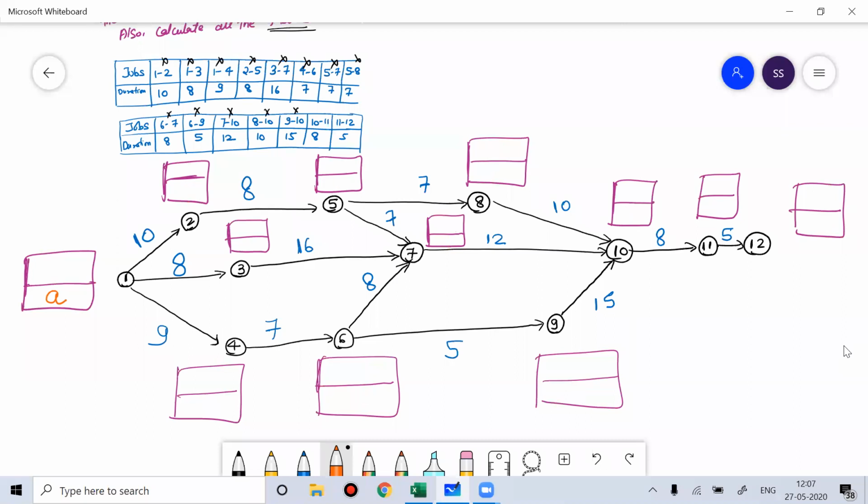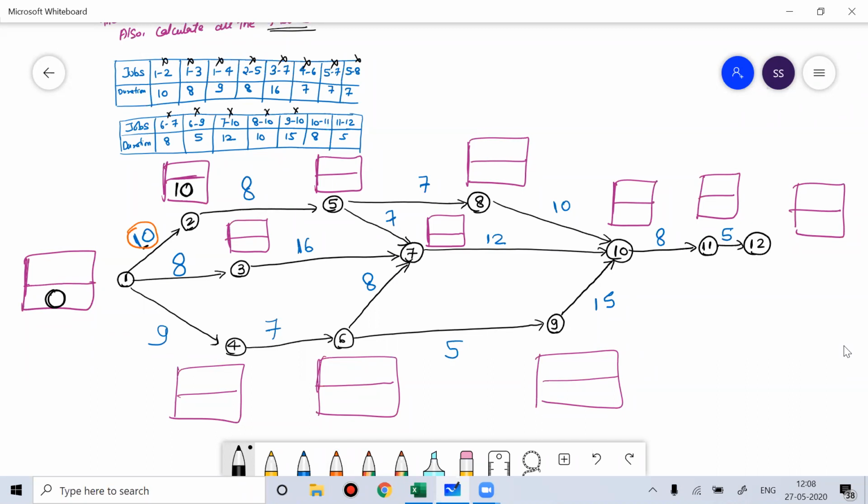It's very easy and very logical. Now you can see here, everything starts with 0. The time unit is not given; it may be hours, days, months, anything. The duration is 10 hours. So if we start with 0 and the duration is 10, how much time will it take? 10 hours.